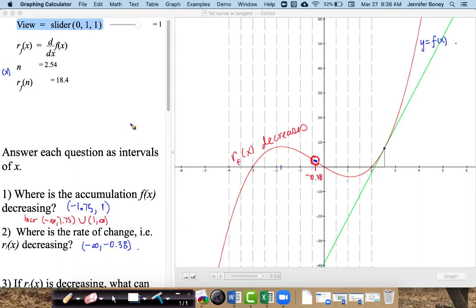It's because it's a third degree polynomial. But in any case, this function's derivative that we're looking at a picture of, f of x is what this red curve is. F of x is increasing, then decreasing, then increasing. But its derivative is decreasing and then changes to increasing.